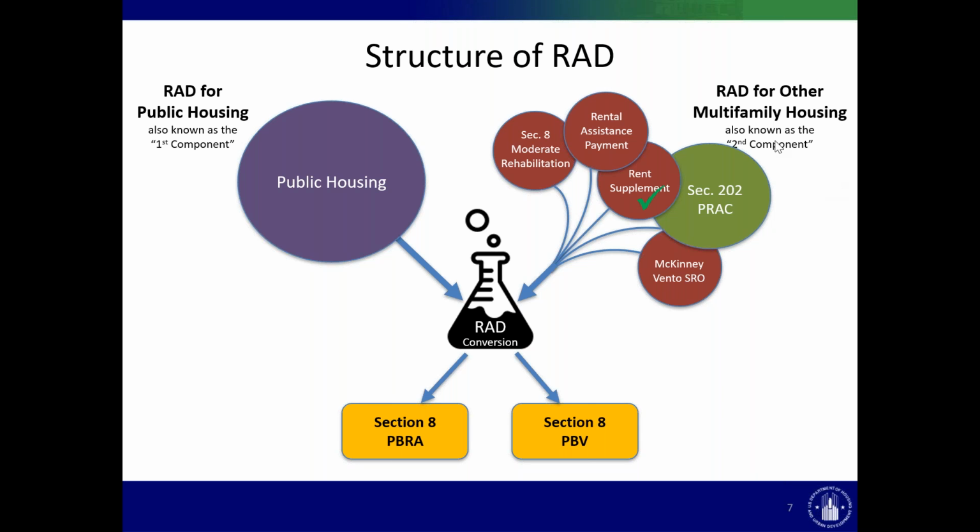All these property types are eligible to convert under RAD to one of 2 forms of Section 8 contracts: either PBRA, or project-based rental assistance, multifamily Section 8, or Section 8 project-based vouchers, which are a component of the Housing Authority's Housing Choice Voucher Program. And we'll get into the detail and distinctions of these in a little bit.